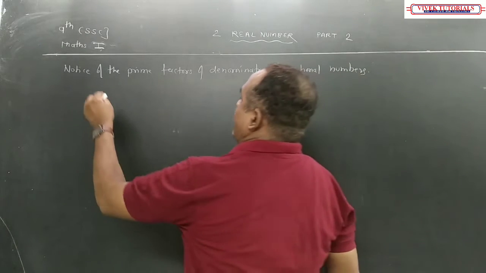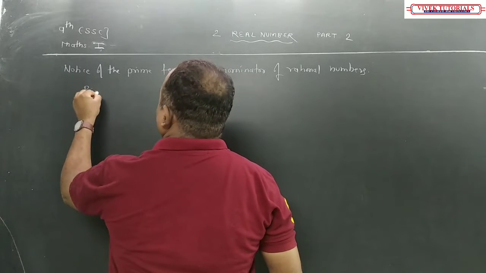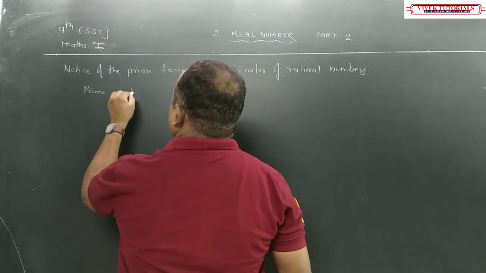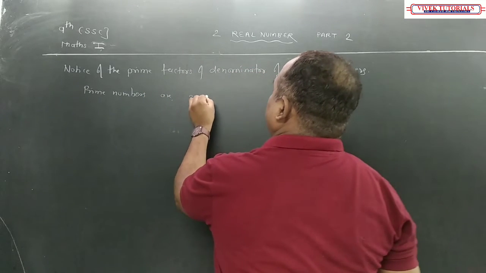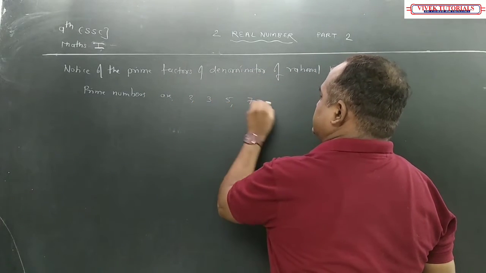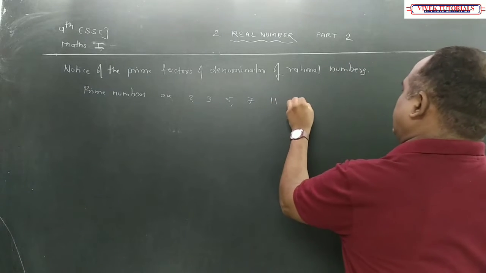Achha, what do you mean by prime? First thing, what do you mean by prime numbers? Prime numbers are 2, 3, 5, 7, 11, 13.